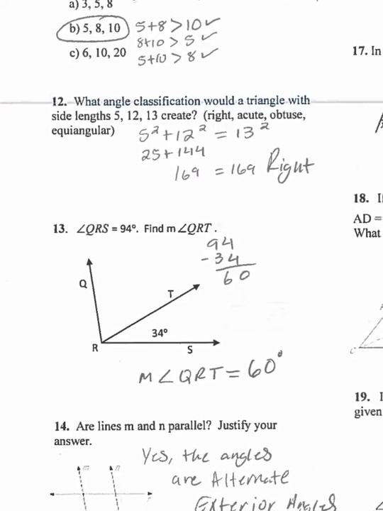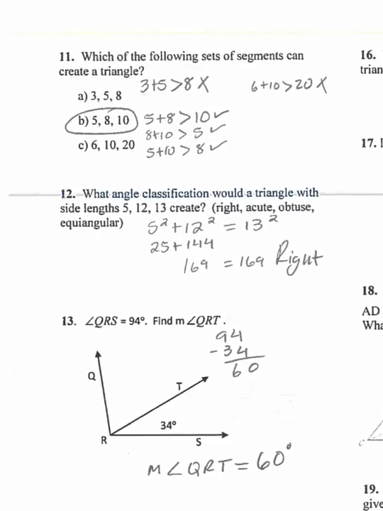What classification? So it's very important you differentiate between problems like 11 and 12 when you're given 3 numbers. Which of the following can create a triangle, and how would you classify with these side lengths? So if you're just trying to see if it is a triangle, it's A plus B bigger than C. If you're classifying and you assume it's already a triangle, that's Pythagorean theorem, or the setup for it, a squared plus b squared equals c squared.